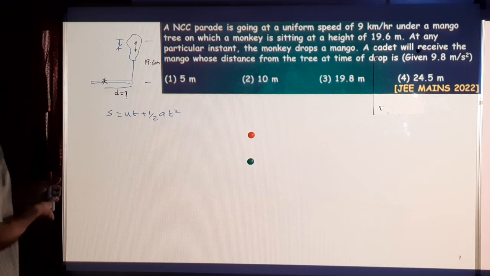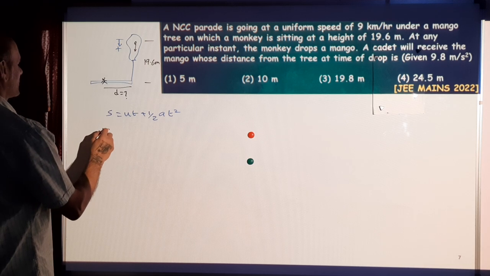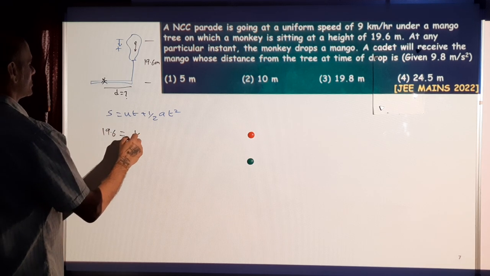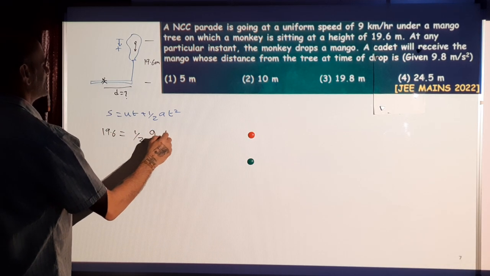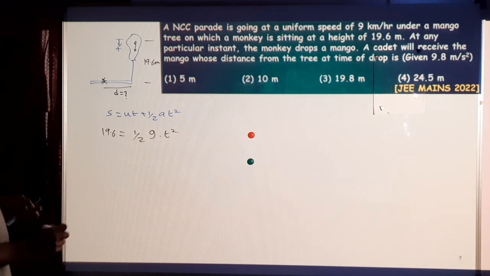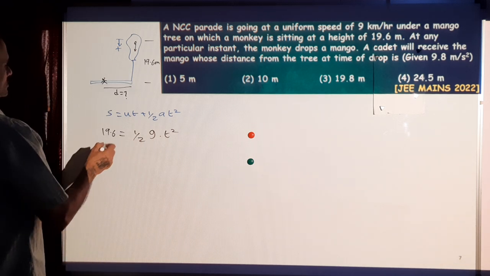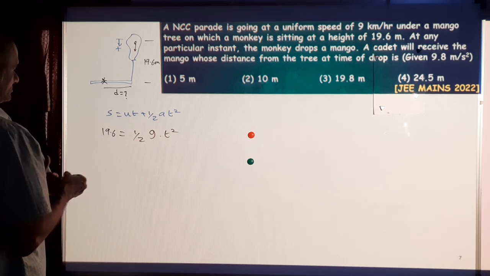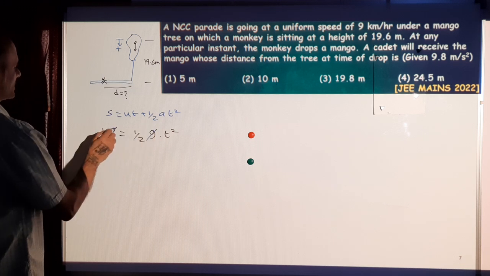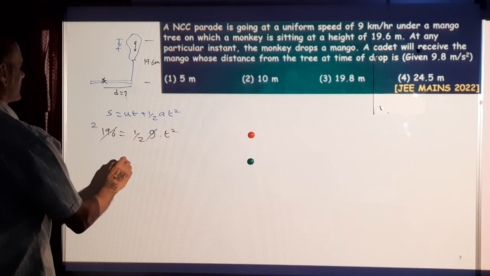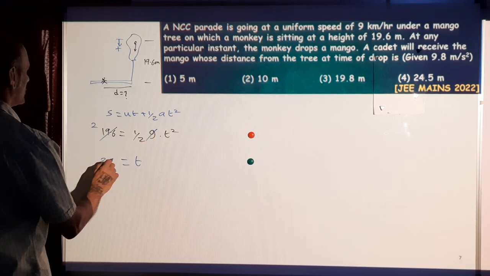So displacement is 19.6, u is 0, half g t square. So this is 9.8, so this will go 2 times. G will cancel this and give 2. So from this, t is 2 seconds.